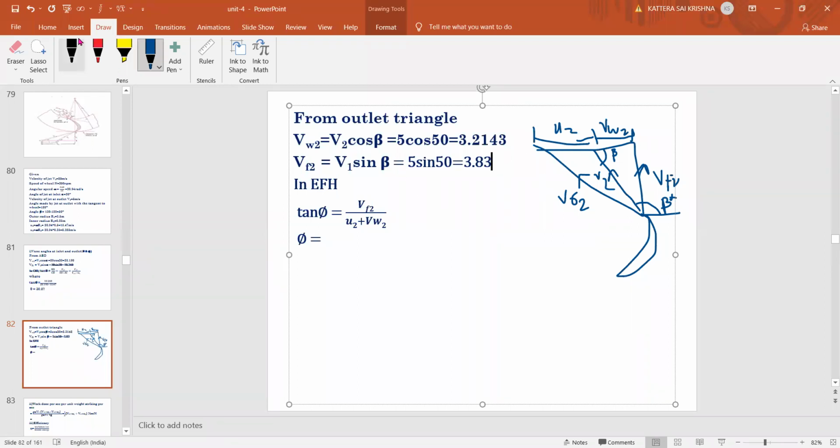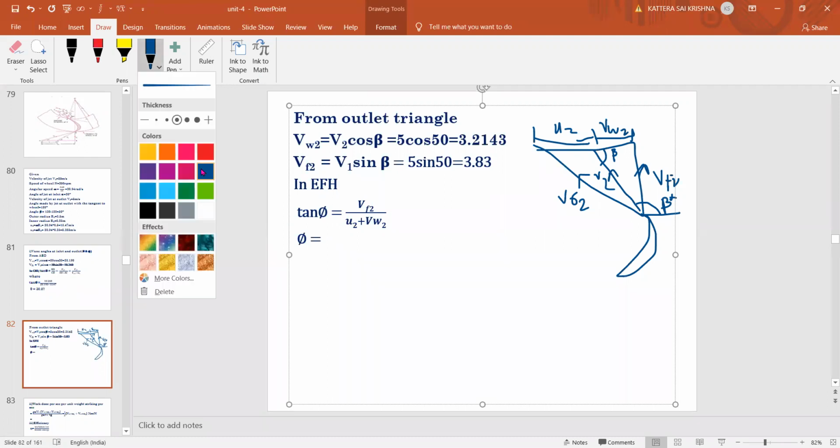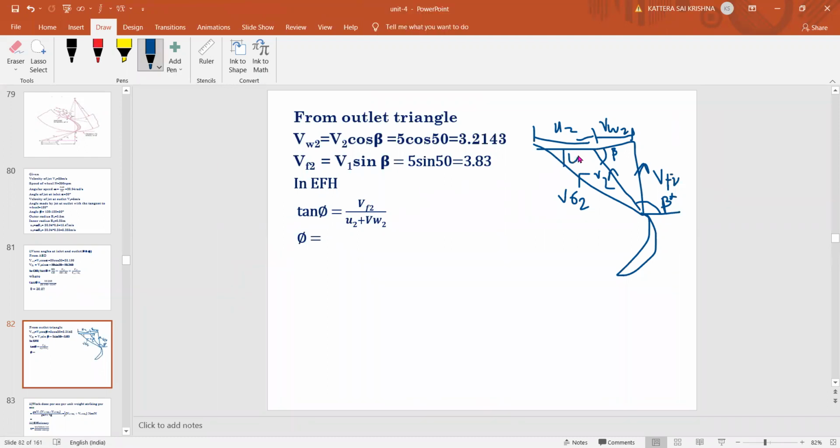So now what we need? We need the vane angle at the outlet, that is phi. This angle we need. So from this, if you see, it is a right angle triangle. Now, whole triangle you can see. So tan phi equal to opposite VF2 by adjacent full length, so U2 plus VW2. So tan phi equal to VF2 by U2 plus VW2.